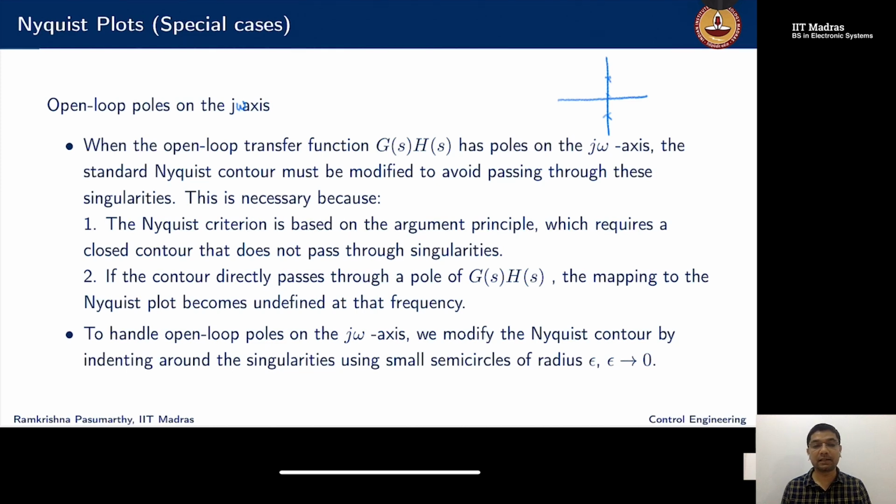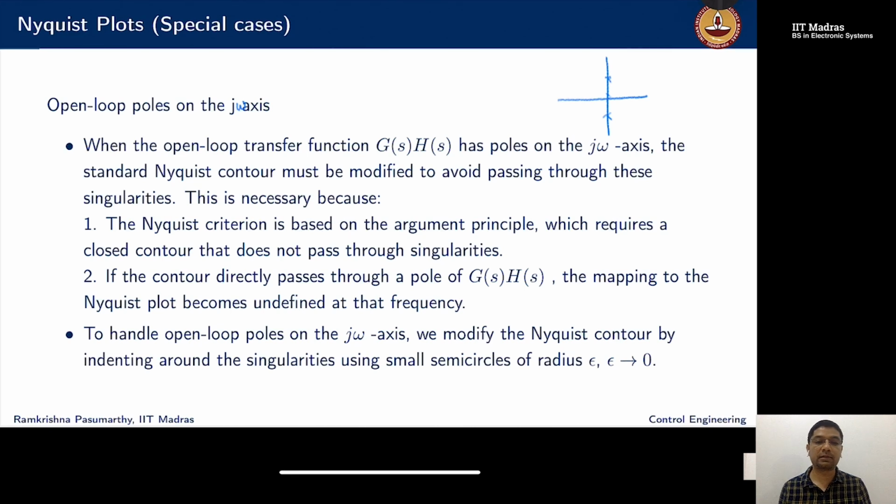It's necessary because the Nyquist criterion is based on the argument principle, which requires that a closed contour does not pass through the singularities. If the closed contour passes through a pole of G times H, the mapping becomes undefined because I hit a singular point.